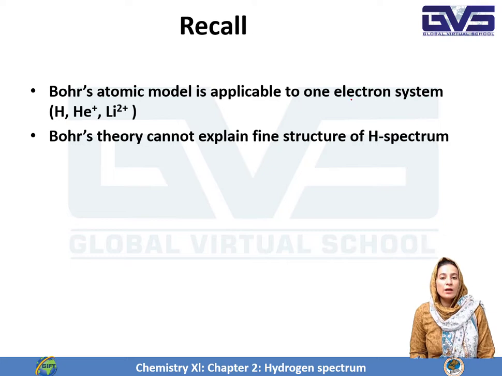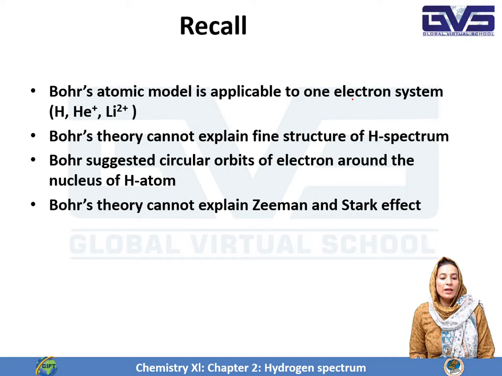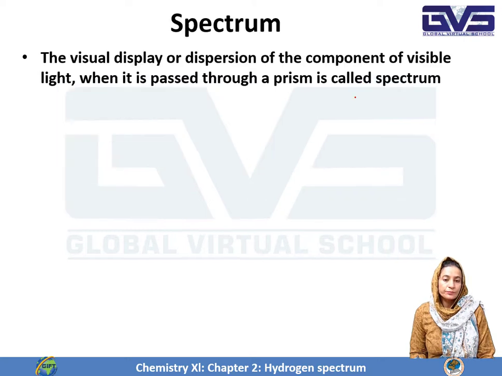If a high resolving power spectrometer is applied to the hydrogen spectrum, the spectral lines are further divided into fine lines. This was not explained by Bohr's atomic model. Similarly, Bohr suggested a circular orbit of the electron, but actually the electron revolves in three dimensions. And Bohr's theory also could not explain the Zeeman and Stark effect.